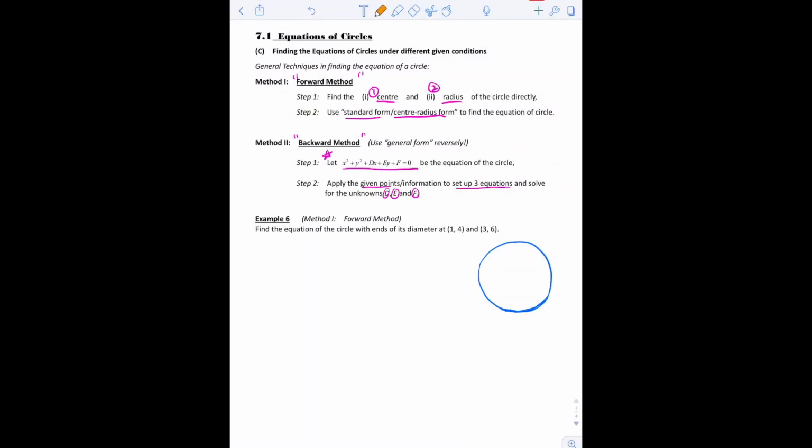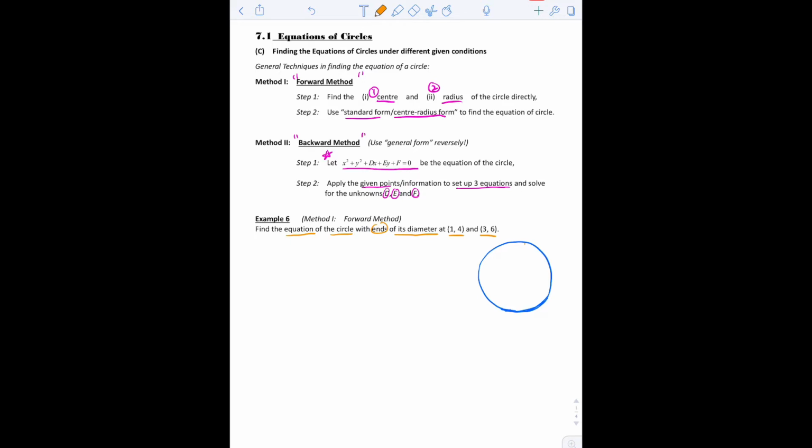Let's study example 6 first. Here you are asked to find the equation of the circle with the ends of the diameter at (1,4) and (3,6) respectively. For these types of questions, usually it is better to sketch what happened. Try to sketch the circle and put the information given in the questions on it.